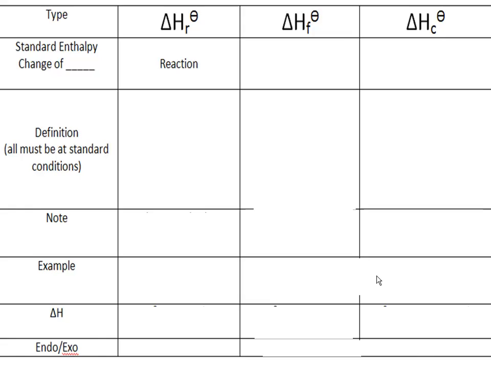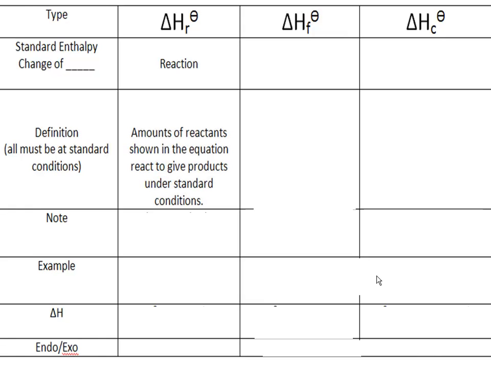So you have a standard enthalpy of reaction. R stands for reaction, and the definition is pretty basic. It's the amount of reactants shown in the equation to react to give the products under standard conditions. So this is your general enthalpy. It's at standard room temperature and pressure.